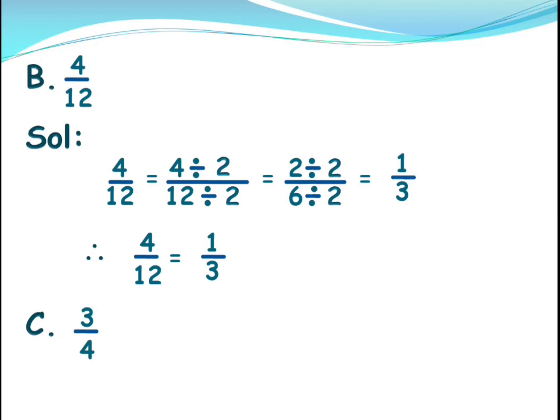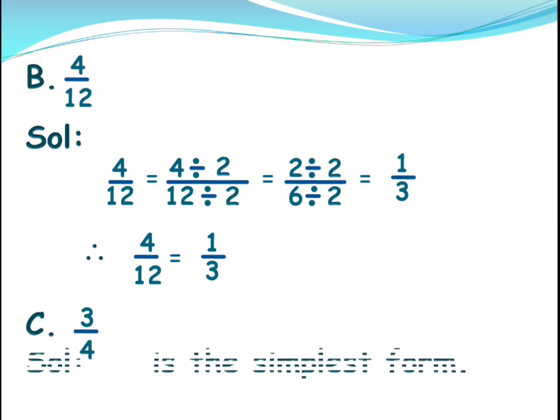That means this fraction is only divided by 1. That means this fraction is itself the simplest form. Okay, if you can't divide numerator and denominator with any number, that fraction is itself the simplest form.